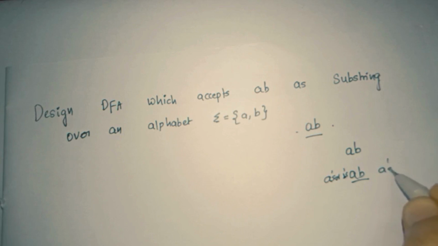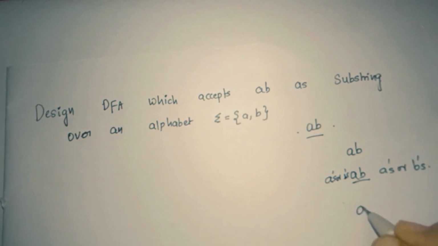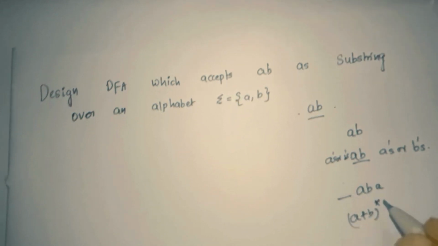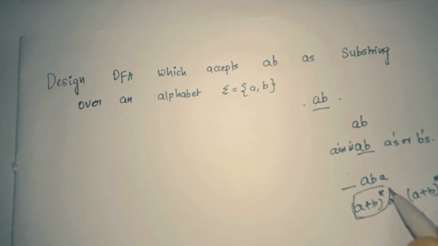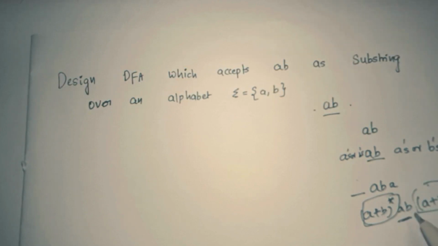Generally we will write the regular expression as (a plus b) whole star AB (a plus b) whole star. Either part can be empty, but AB should be a substring.